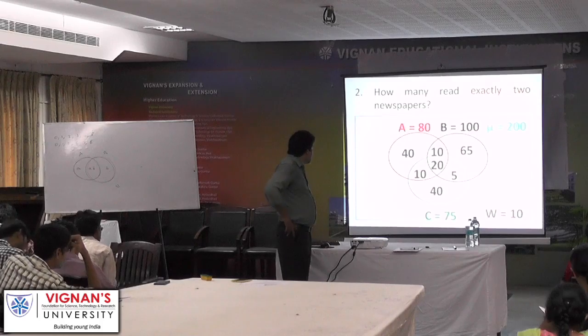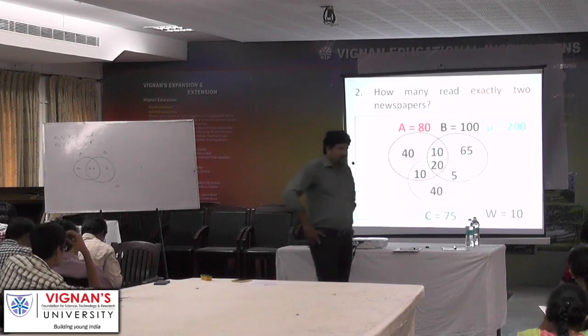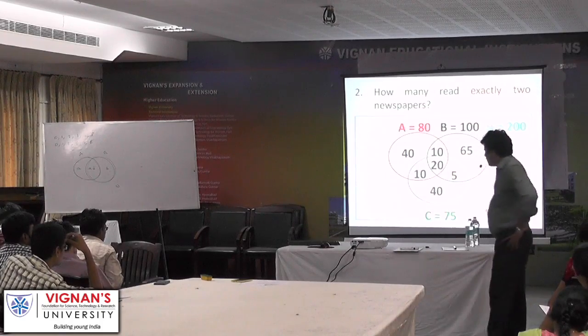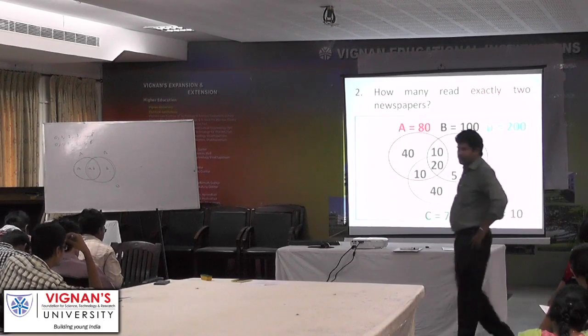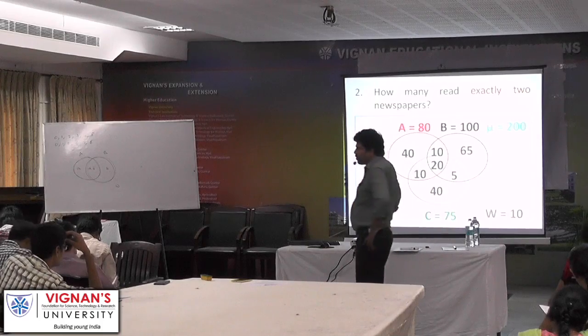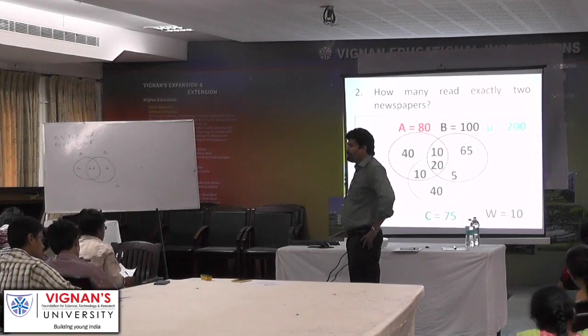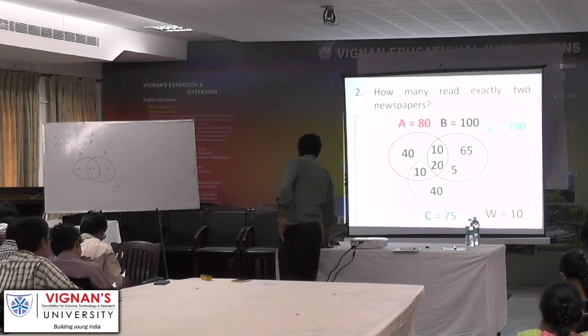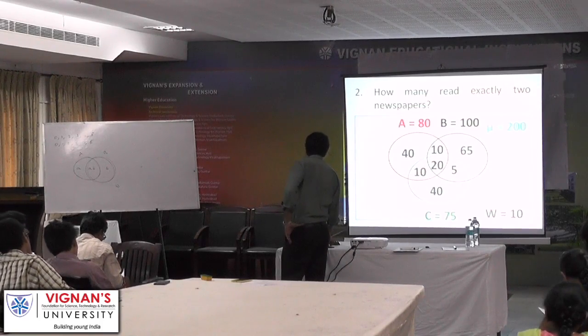How many read exactly 2 newspapers? Exactly 2. 10 plus 10 plus 5. Exactly 2 means only A and B plus only B and C plus only A and C. Those 3. Exactly 2.